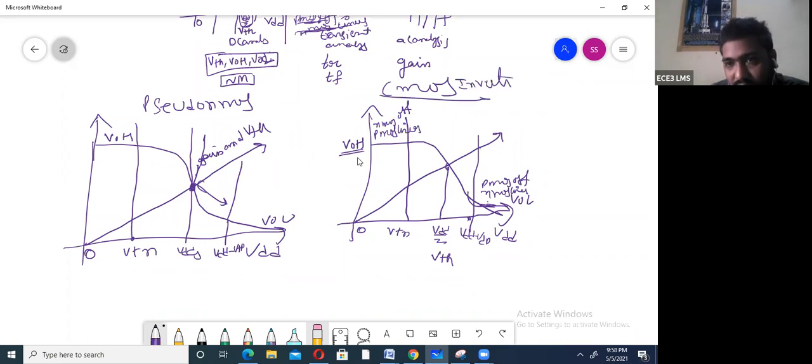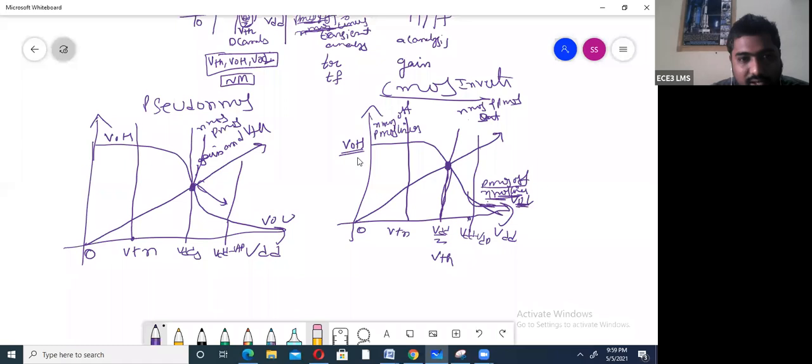For CMOS inverter design, to find out the output voltage equation, you have to switch off PMOS and make NMOS linear. And to find out threshold voltage or gain, both NMOS and PMOS are in saturation. So maximum gain you will get at the operating point, that is VDD by 2, and both are in saturation. Here also both are in saturation, NMOS and PMOS.